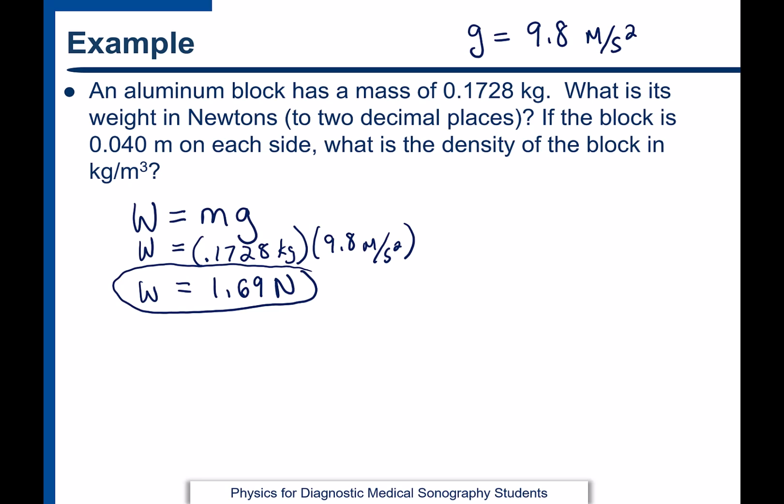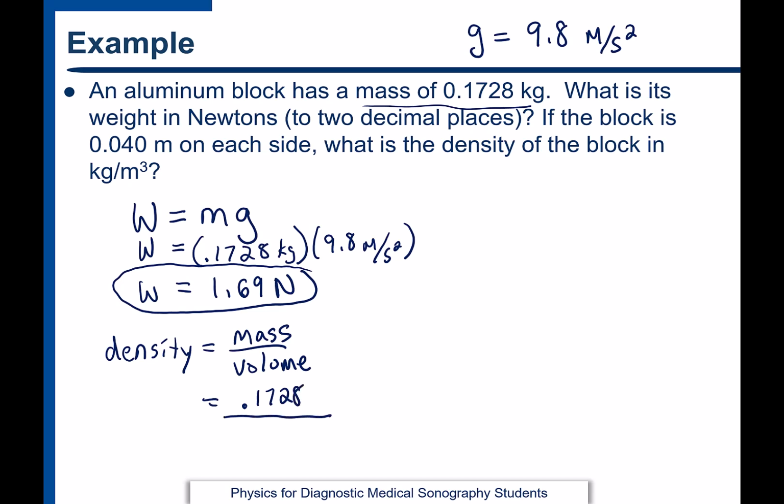Now let's figure out the density. We just learned that density is mass per volume. And so in this case, we know the mass, that's 0.1728 kilograms. And then for the volume, we're told that it's a block that has 0.040 meters on each side.